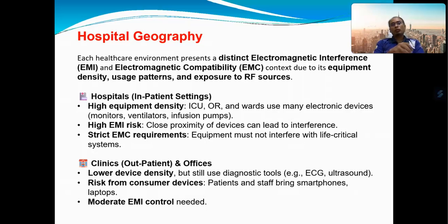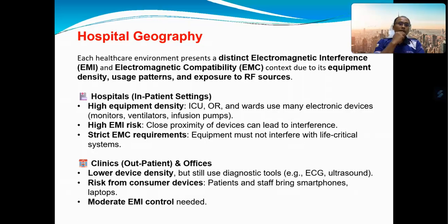You must switch off your handphone if, let's say, you want to enter the intensive care unit or ICU. Maybe some devices do not have good electromagnetic compatibility. When you bring your handphone near that medical device, maybe the medical device cannot function properly. That is the importance that you need to know.